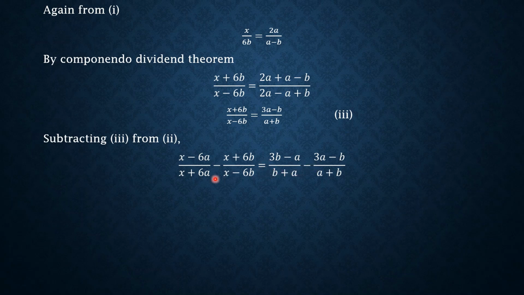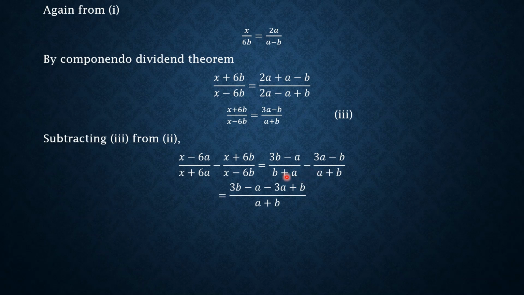So by subtracting 3 from 2, we have on the left x minus 6a over x plus 6a minus x plus 6b over x minus 6b. This equal to, now subtracting the right side of the above equations, so we have 3b minus a over b plus a minus 3a minus b over a plus b. Now students, as you look here that b plus a and a plus b are the same.